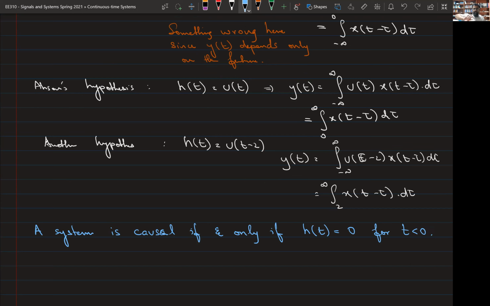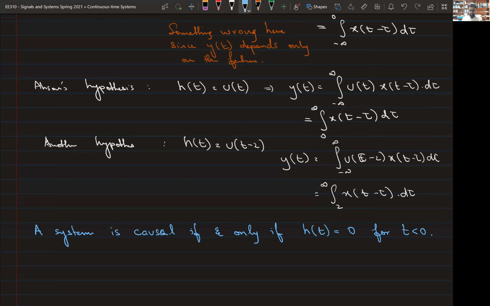So that incorporates everything. I don't care what it is for t greater than 0, whether that be a unit step, an exponential, or a cosine. All I need is that it must be equal to 0 for t less than 0. And that would ensure that the integral does not go over any negative values of time, and it does not integrate over the future values of x. Okay, does that make sense?